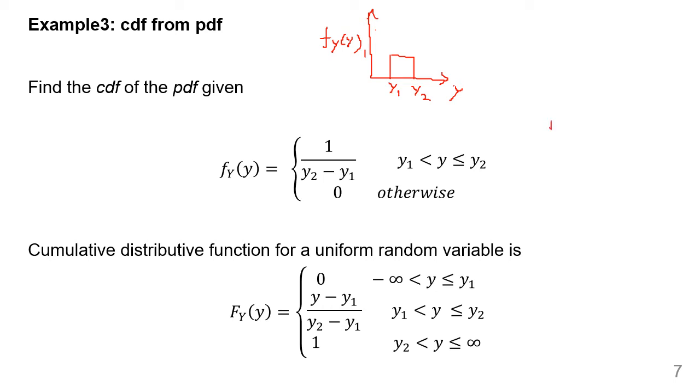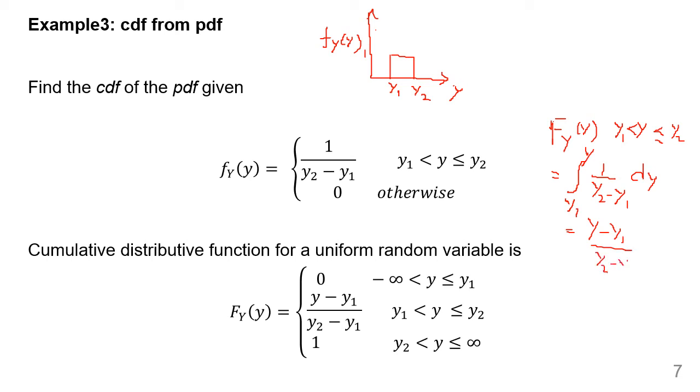Let us try to find out the cumulative distribution function F_Y(y) for all the values of y varying between y1 and y2. It is anywhere between y1 and y2. This can be obtained by integrating 1 divided by y2 minus y1 dy. This varies from y1 to any value y. So that gives you y minus y1 divided by y2 minus y1.